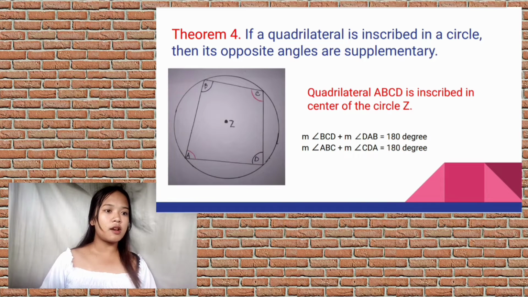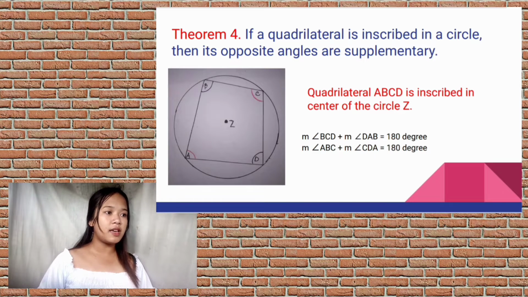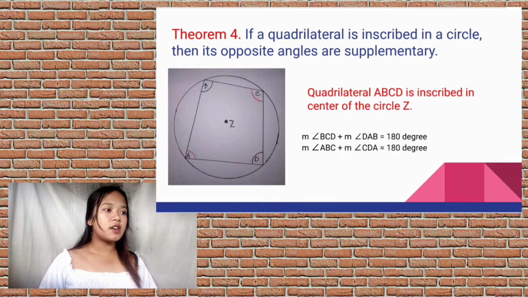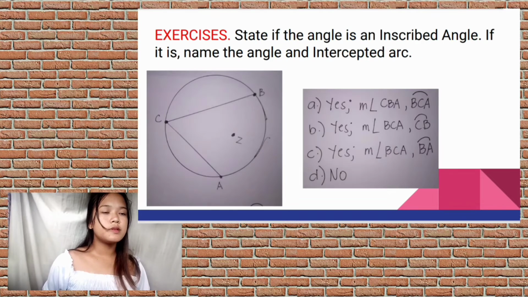So they are supplementary. The measure of angle ABC plus the measure of angle CDA is 180 degrees. So if we add B and D, it is equal to 180 degrees. So always remember, if there is a quadrilateral inside of a circle, the opposite angles are supplementary.